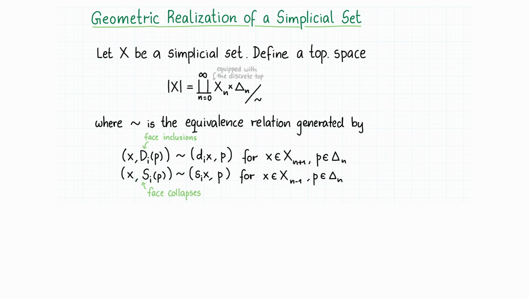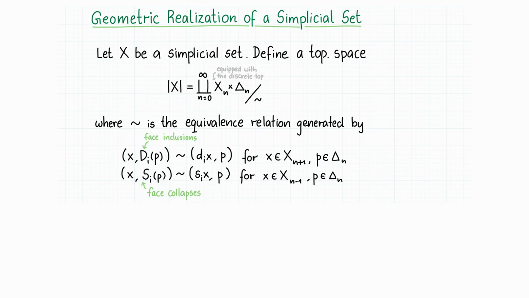So for each point in Xn, you put down a standard n simplex, and you have this giant disjoint union of simplices, and then the equivalence relation tells you how the gluing happens and which faces you need to collapse. This gives a functor from the category of simplicial sets to the category of topological spaces.